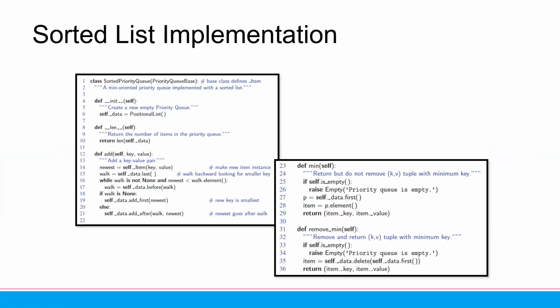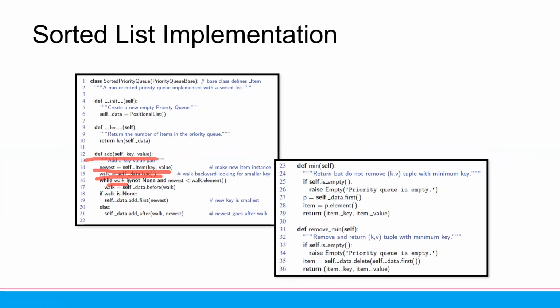If it is sorted, then whenever you add a new element, you are going to make a new element, which is the constructor, make a new instance, and then let's say that the walk is the last element.